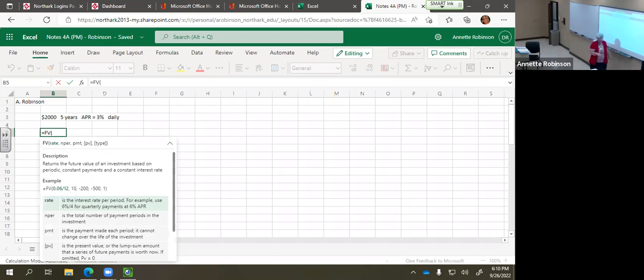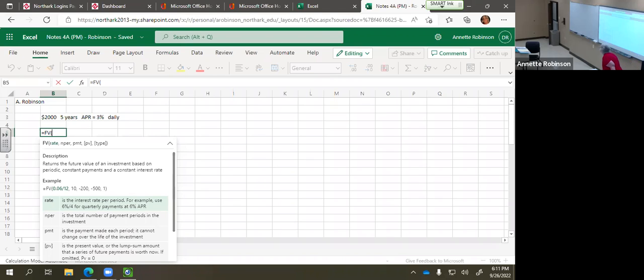So I'm going to write this on my paper, and in a moment, I'll show you my paper. We chose F of X, financial, and FV. FV is going to ask me to put in the parentheses. First off, it wants the rate. It has a comma. Then it asks for the NPER, which is the number of periods for the whole amount of time.